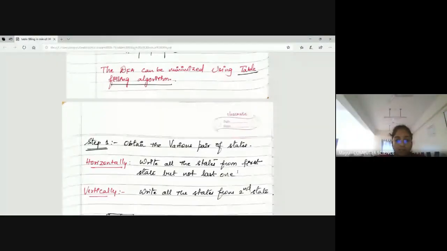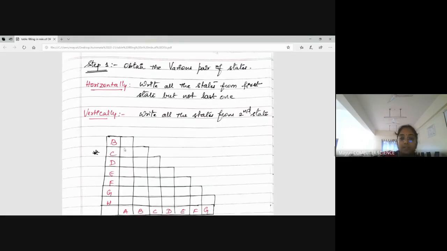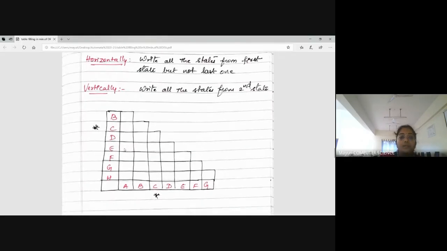When you're listing the states horizontally, write the states from the first state but not the last one. So what is the first state here? From A. All the states are from A to H. Horizontally, you start from A, list all the states till G, but don't list H. Vertically, you take the states leaving the first state, from B to H. Look at this.